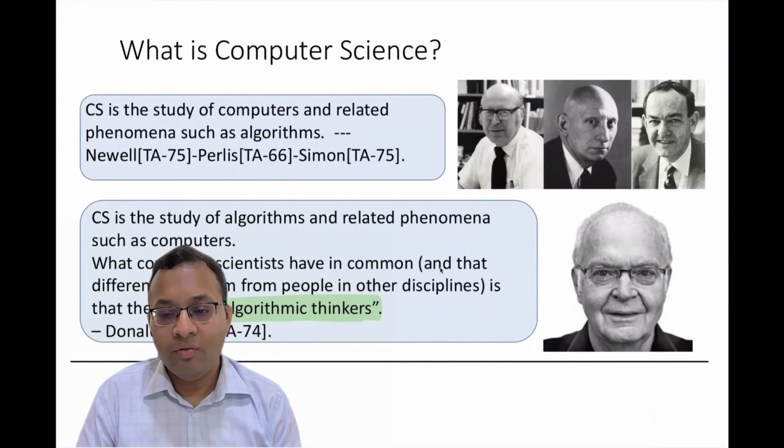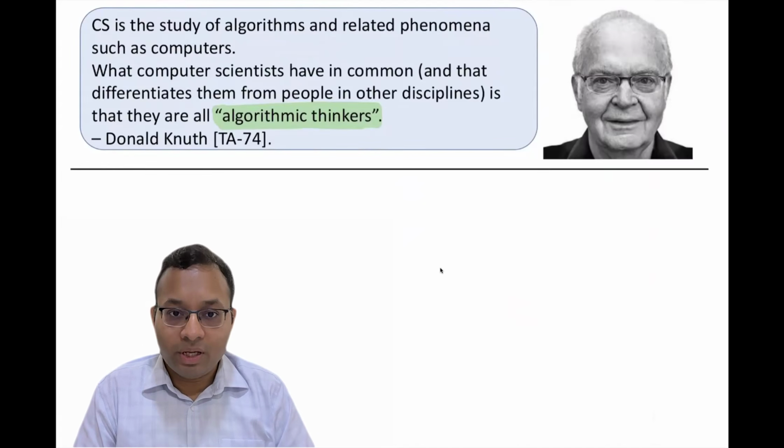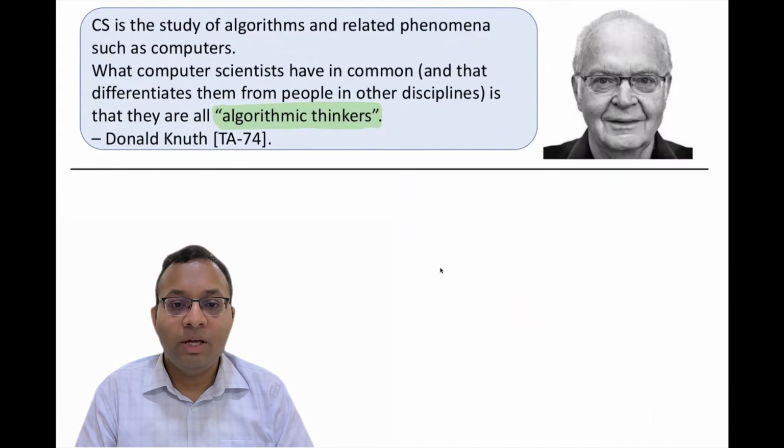On the other hand, we have Donald Knuth, who is known as the father of analysis of algorithms. So what does he say? He says computer science is the study of algorithms and related phenomena such as computers. What computer scientists have in common, and what differentiates them from people in other disciplines, is that they are all algorithmic thinkers.